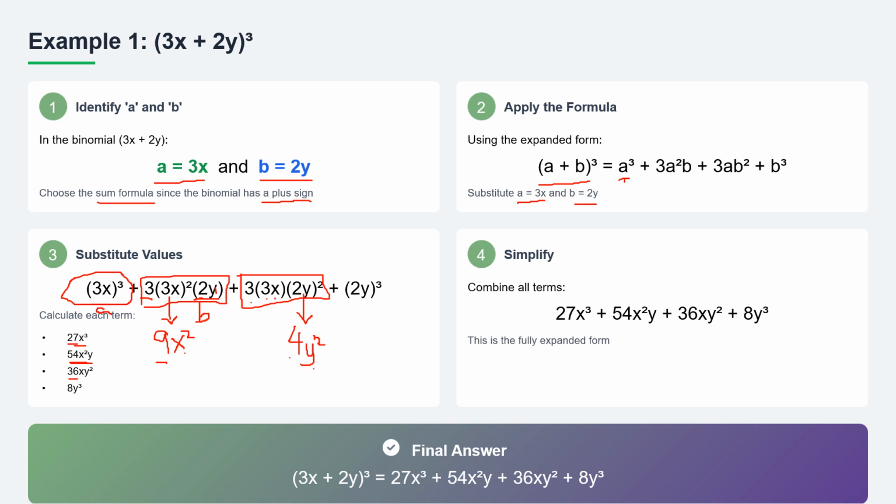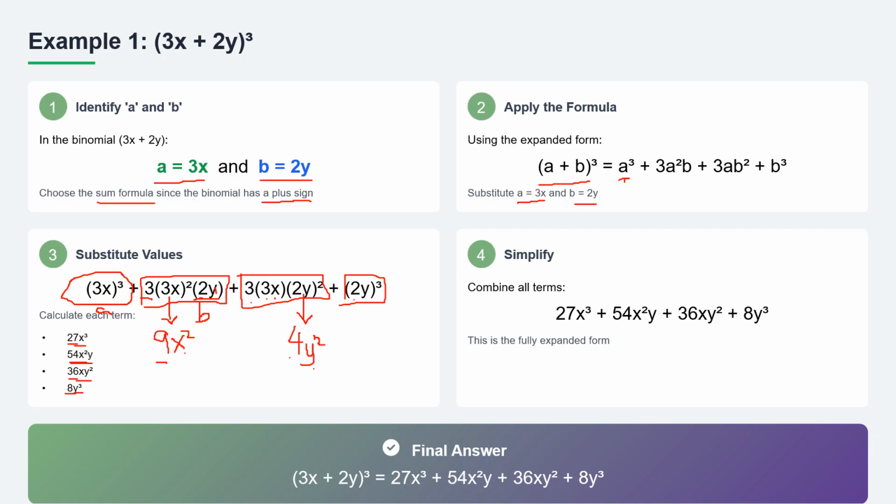X times y squared is xy squared. So we have 36xy squared. The last term, 2y cubed. So 2 times 2 times 2 is 8, and y raised to 3 is y cubed. That is why we have 8y cubed.